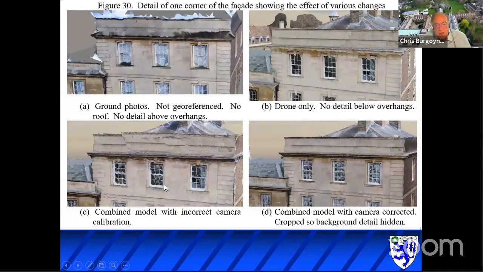If you get the camera calibration wrong, you get artifacts such as this, that the system can't work. So what you end up trying to do is to get a combined model with the camera corrected, and then you get the facade of the building, the roof, the edges, the corners, pretty much everything is in a good condition, except for the windows.